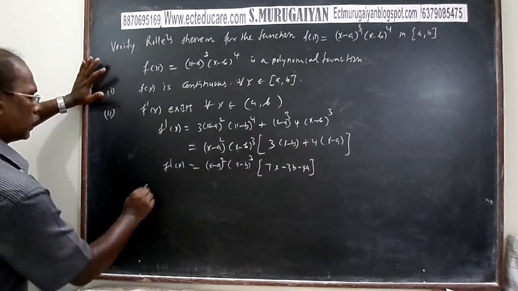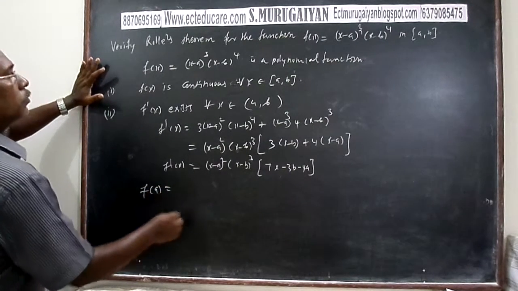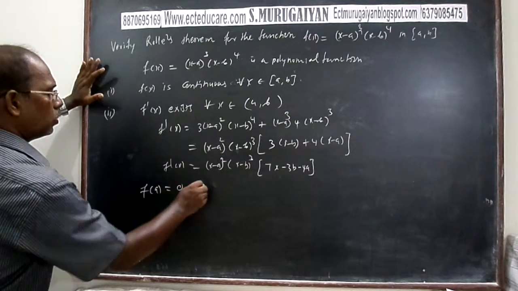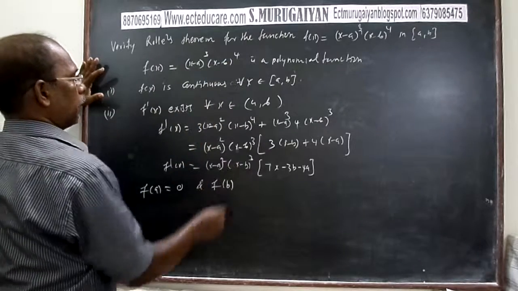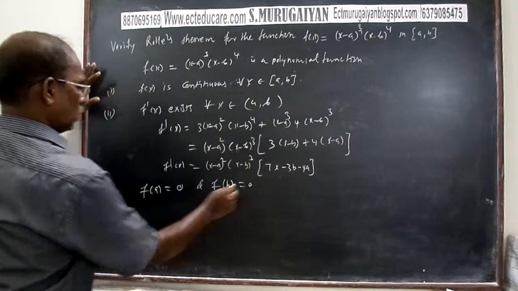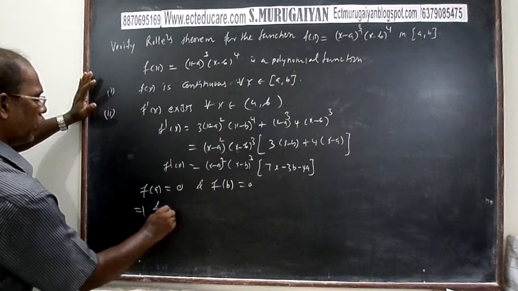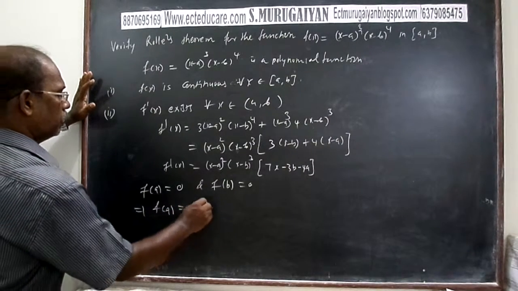Then we have to test f of a and f of b. At x equal to a, f of a is 0, and at x equal to b, f of b is 0, because of the factor (x minus a) the whole cube, and this implies f of a equals f of b.